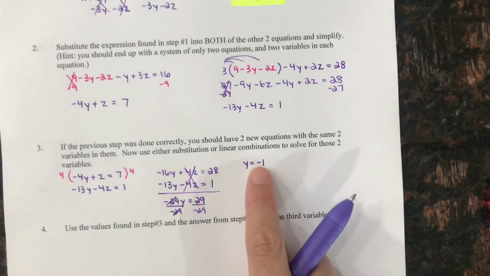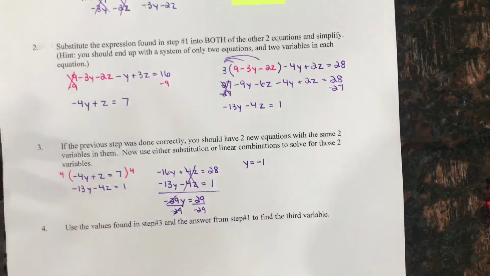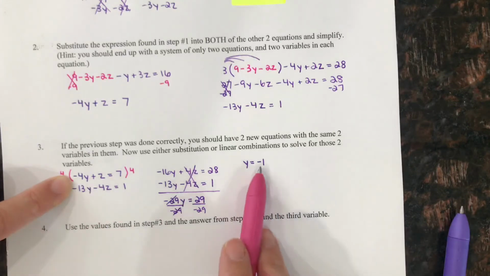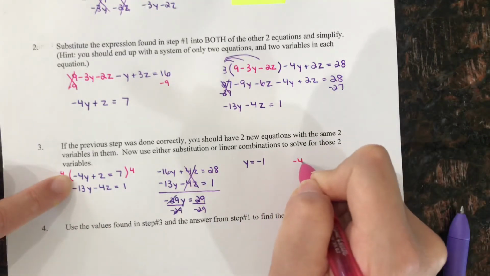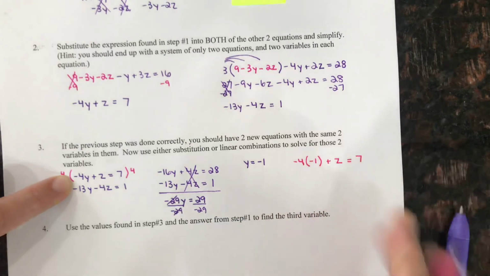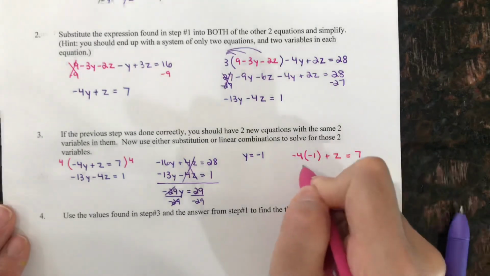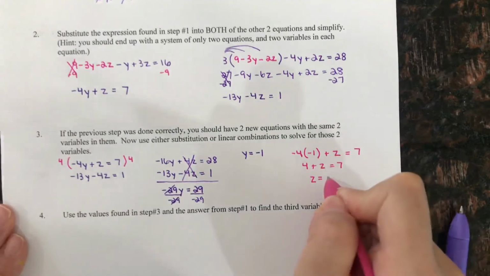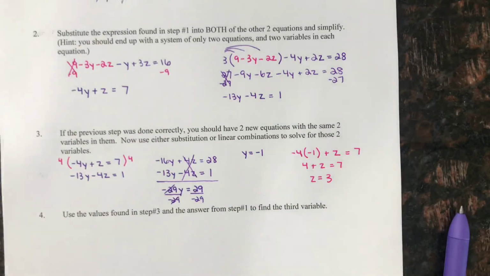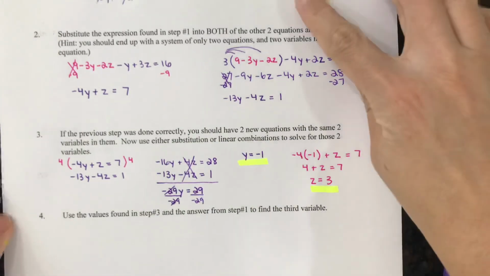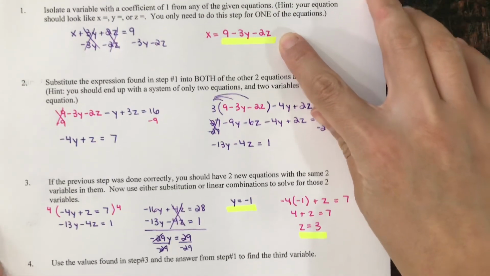Now for us to find z, again, we're going to substitute back into one of the equations. I'll actually substitute into the top equation. Let's do -4 times the y value plus z equals 7. Okay, we end up with z is equal to 3. And now one of our last steps is to plug both of these values back into the first equation that we set up.